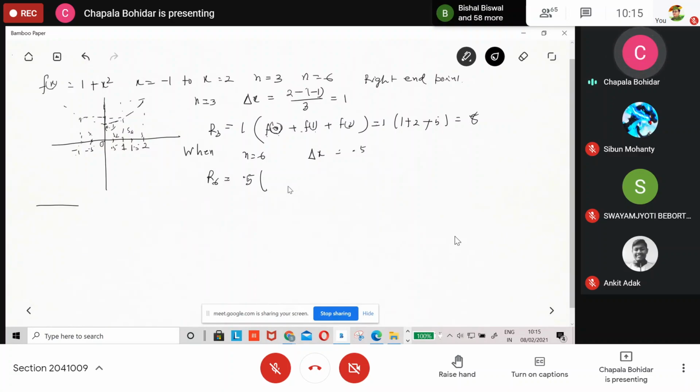I have written it here, I am writing again here. It is minus 1, then minus 0.5, it is 0, then 0.5, it is 1, then 1.5, then it is 2.